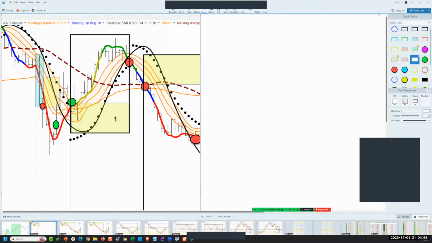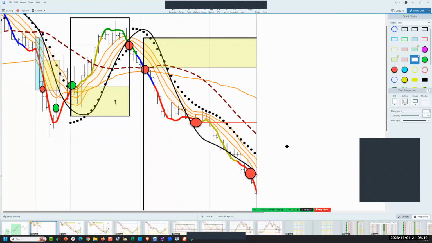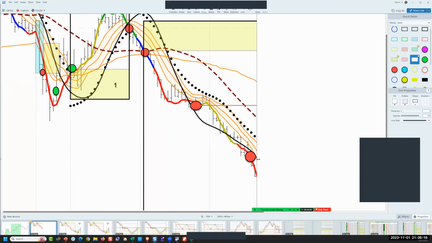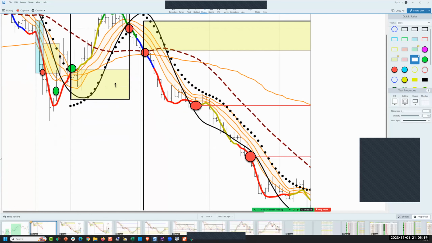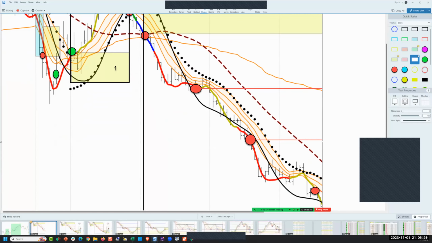So second position. Third position, because why not? Fourth position, collapsing dragon, because why not?